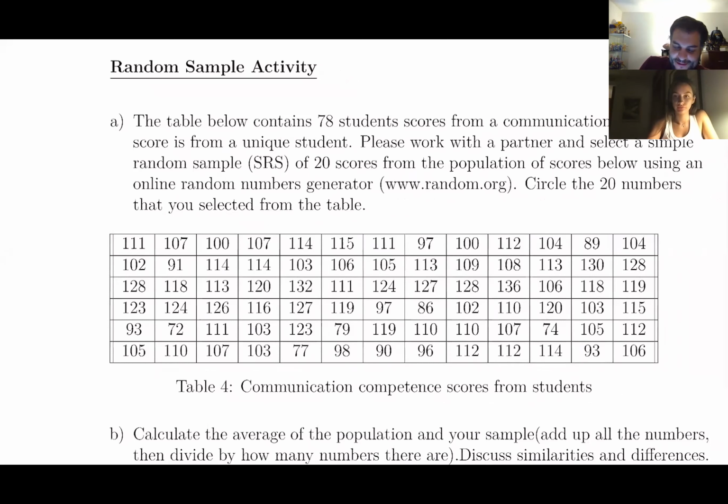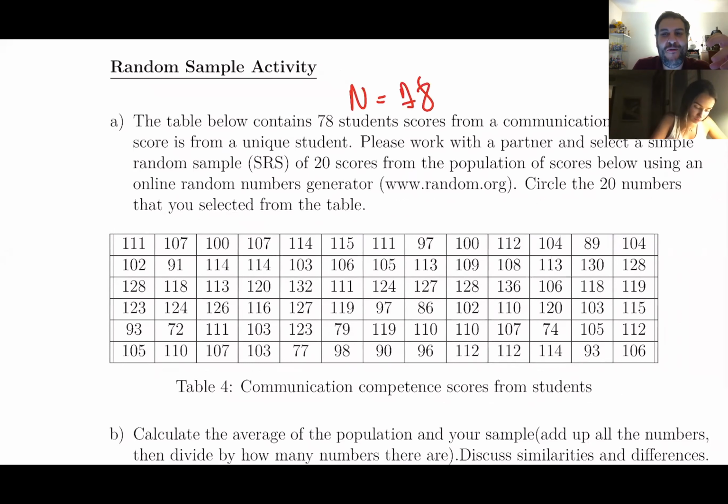Yeah, 78, perfect. So we have a population of 78, and we want to randomly select 20 scores.